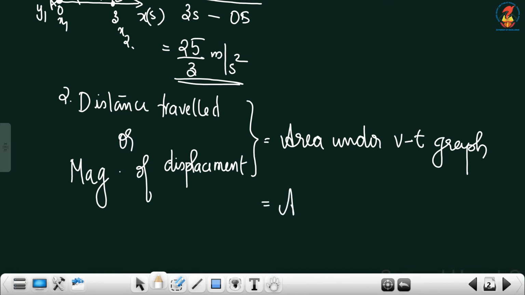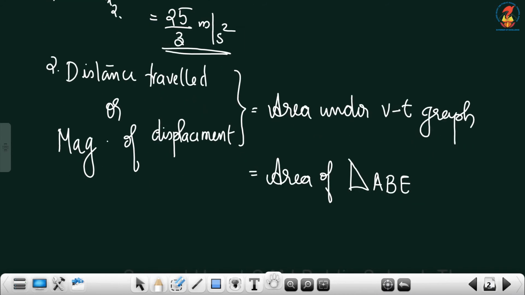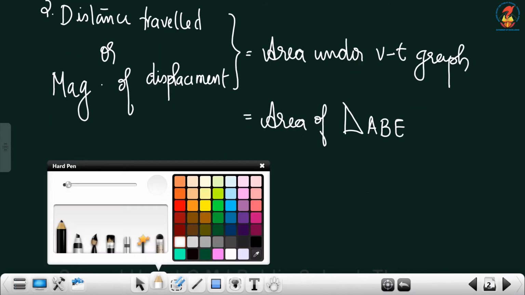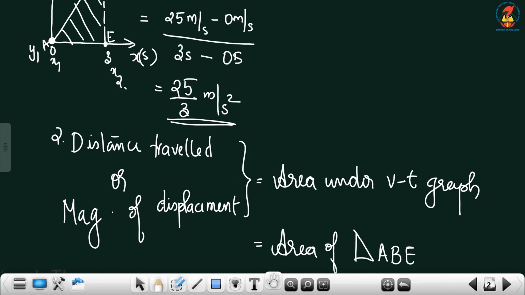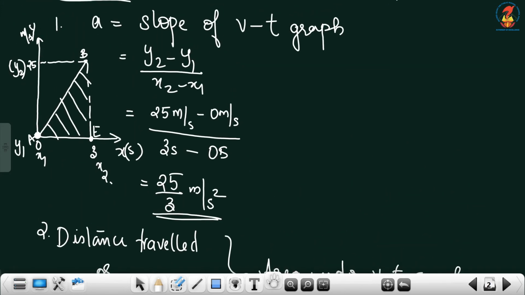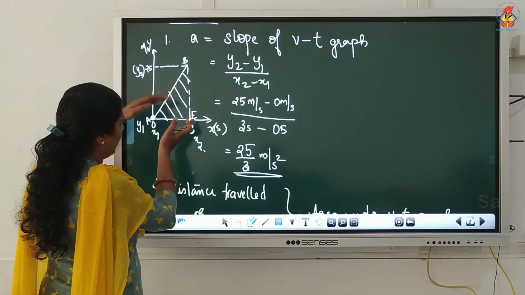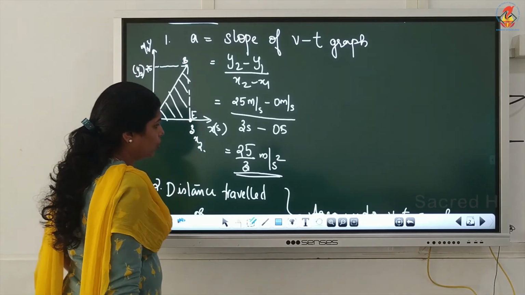That is the area of right angle triangle ABE, which is equal to half BH, that is half into B, where B is the base, that is 3, and H is the height, that is 25.